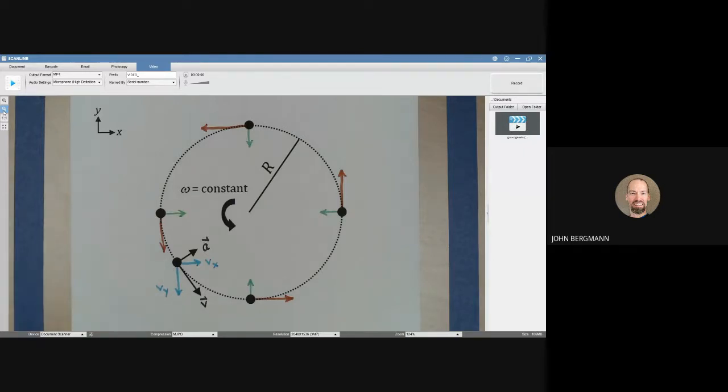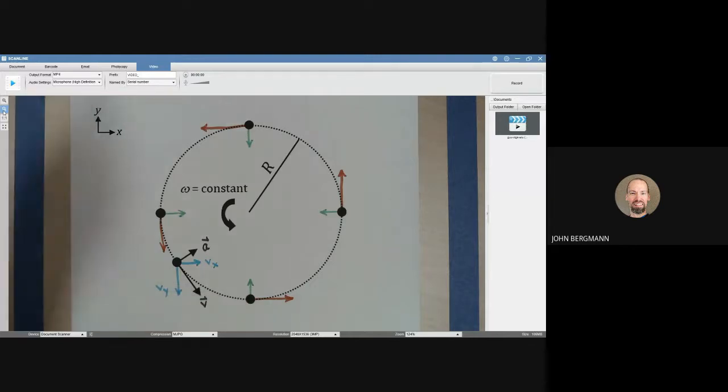On the other hand, at the compass points, one component is entirely zero. For example, down here, what we might call south, you can see that the velocity vector is entirely in the x direction. There's no y velocity there. Similarly, the acceleration down here at this south point is entirely in the y direction.